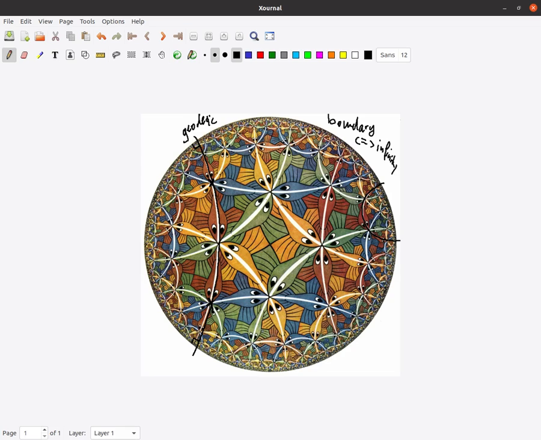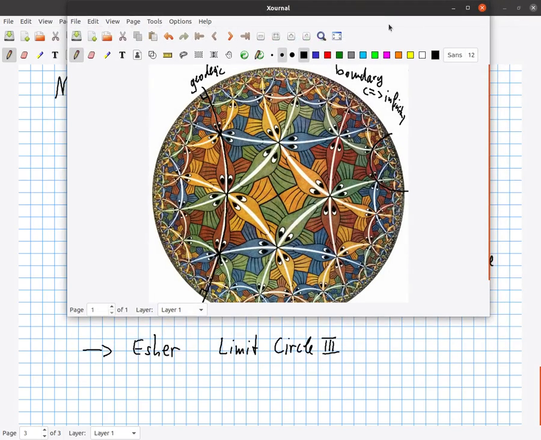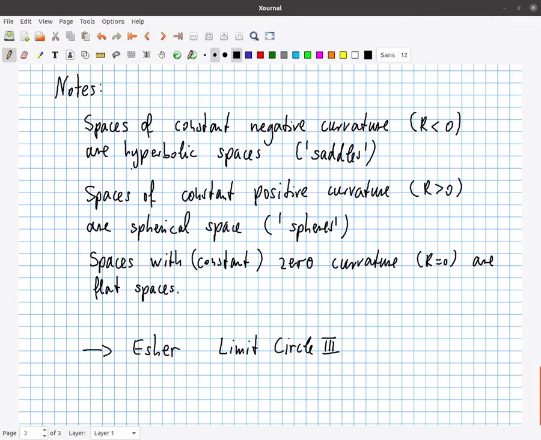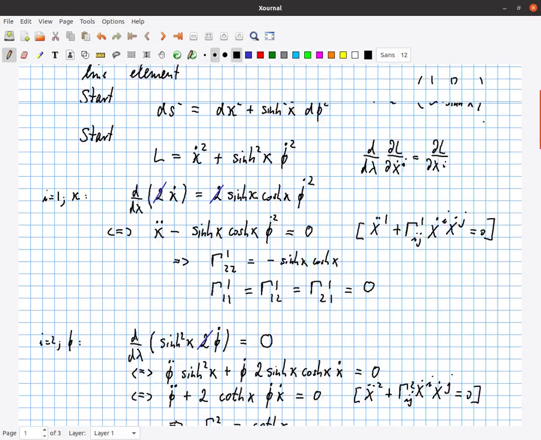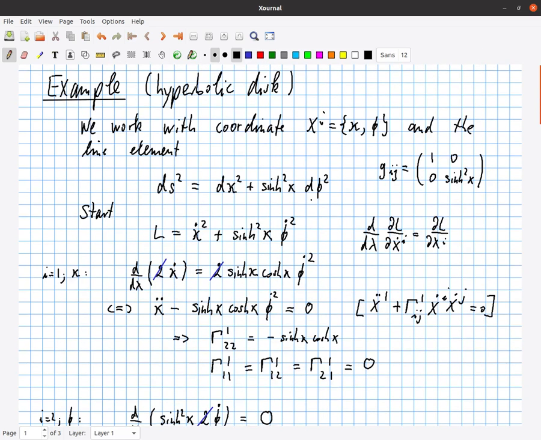So all we did today was we computed the Riemann curvature tensor and the Ricci tensor and the Ricci scalar explicitly for the hyperbolic disk, which is given by this line element that I'm going to show you again. This is the line element we started with for the hyperbolic disk.